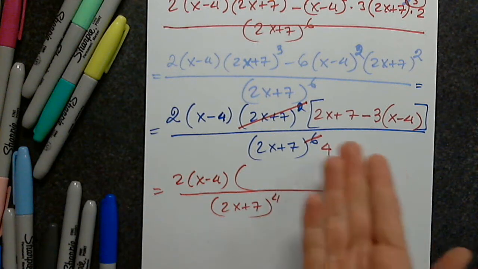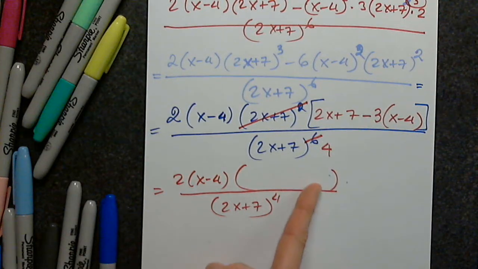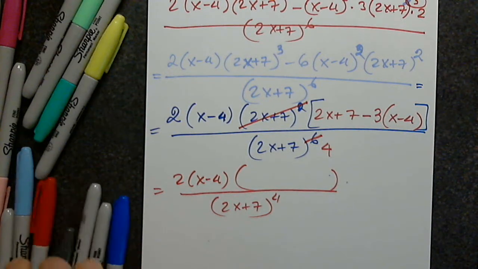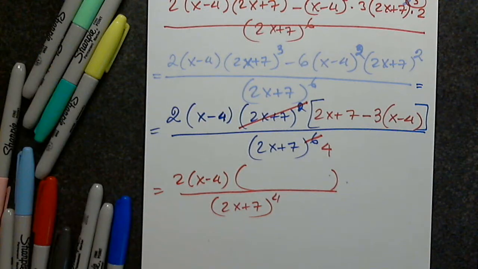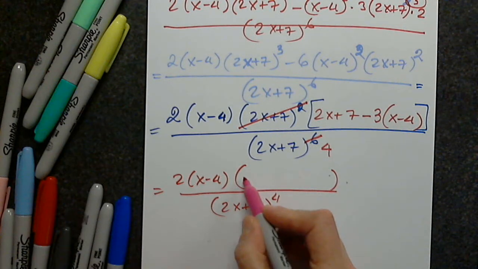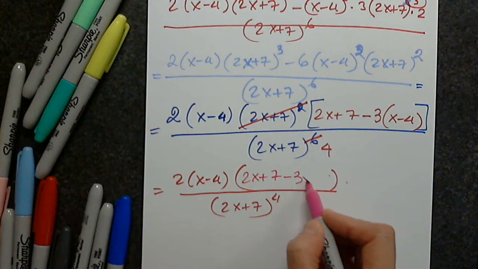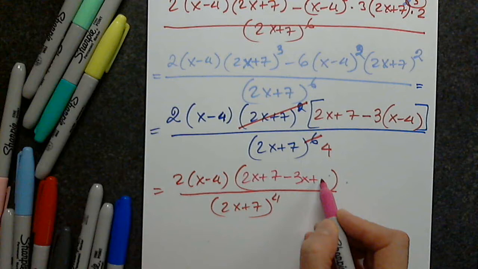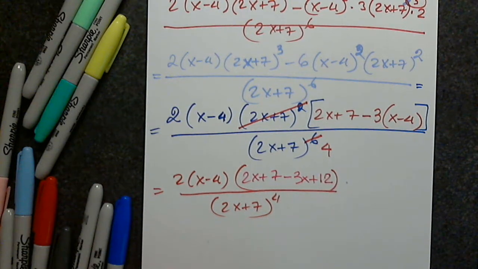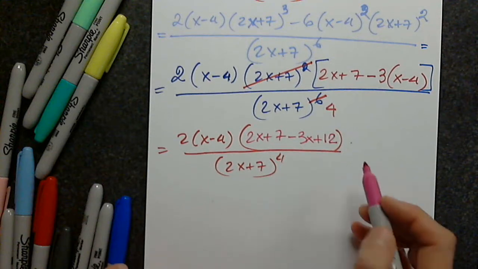Now, can anyone tell us what to write in parentheses right here? It's 2x plus 7. I have to copy 2x plus 7. I cannot jump over that. Yes, and then the minus 8x plus 4. Oh, plus 4, yeah. Good. That's okay.